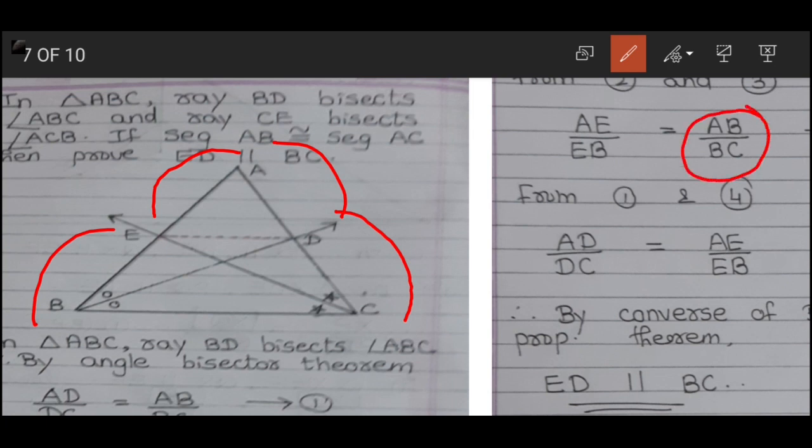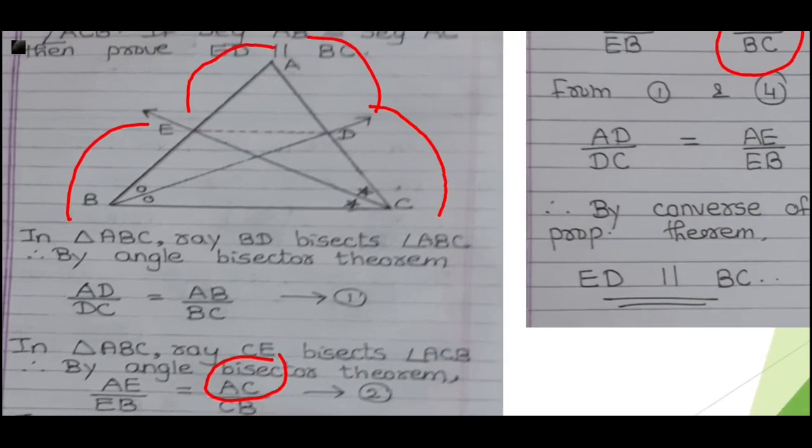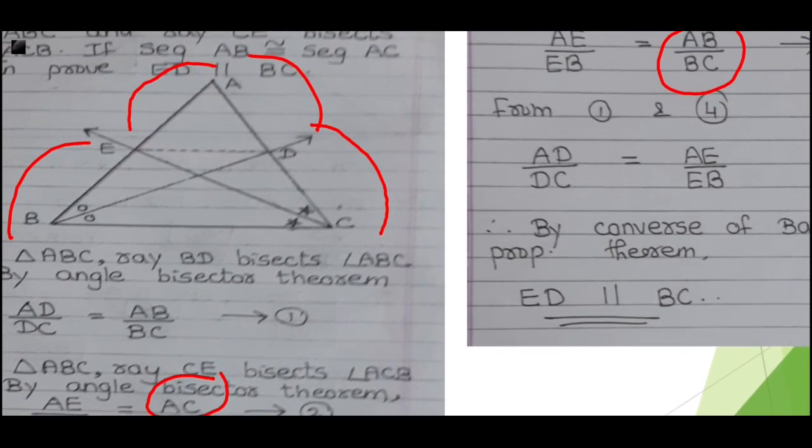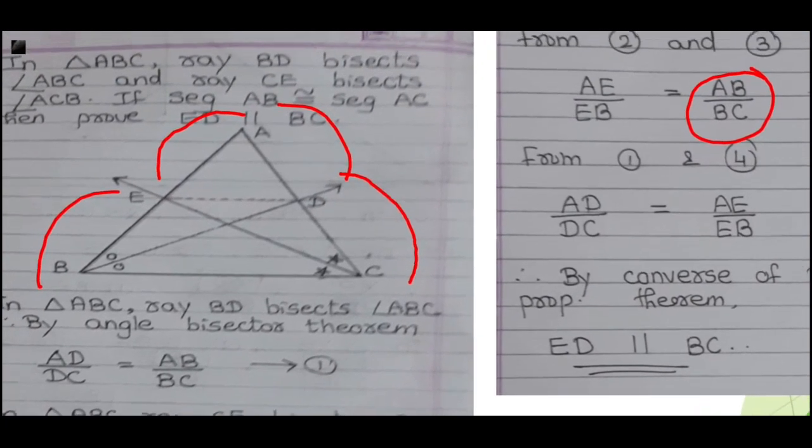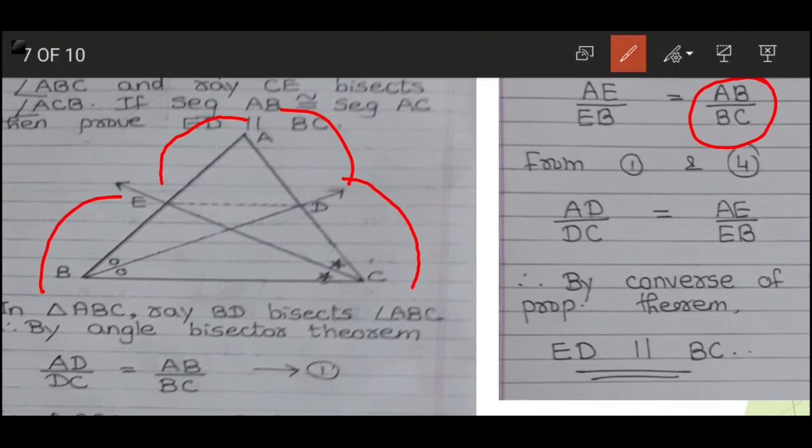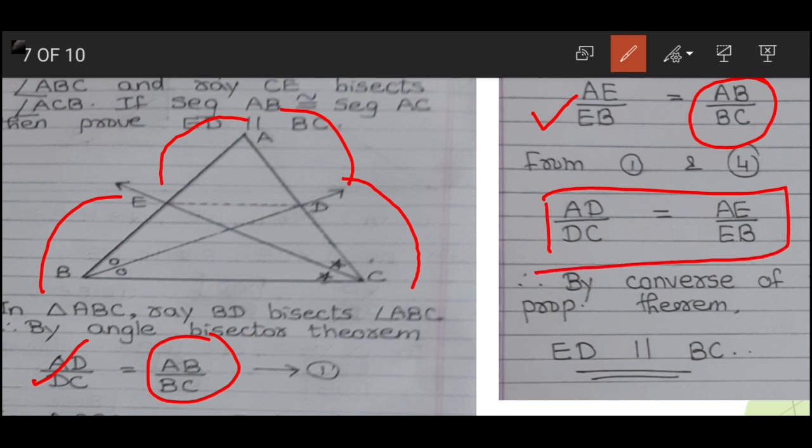In the fourth statement and in the first statement, AB upon BC, they both are equal. That means I can say AE upon EB is equal to AD upon DC. So that is what I have written over here: AD upon DC is equal to AE upon EB.